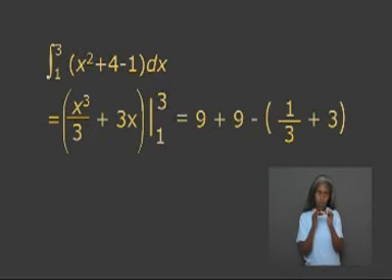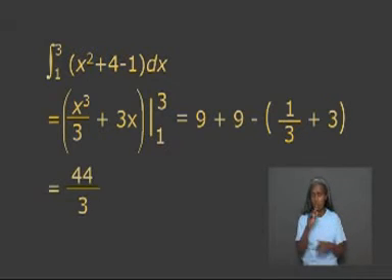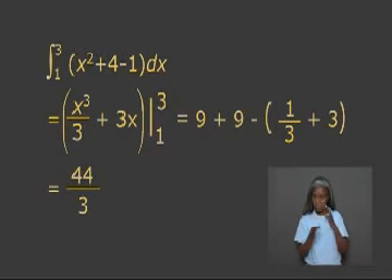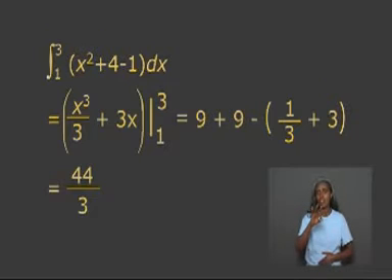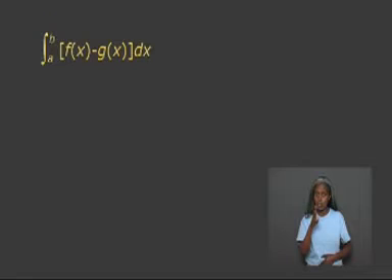This equals 9 plus 9 minus 1 over 3 plus 3, which equals 44 over 3. Did you find the same answer, students? If so, great. If not, please try the question again once the lesson has finished to find out where you made a misstep. We will explore this further now.